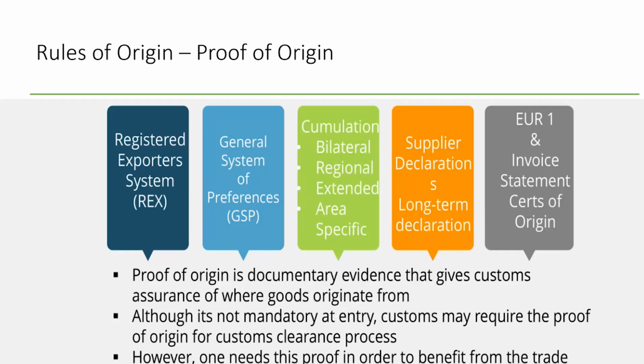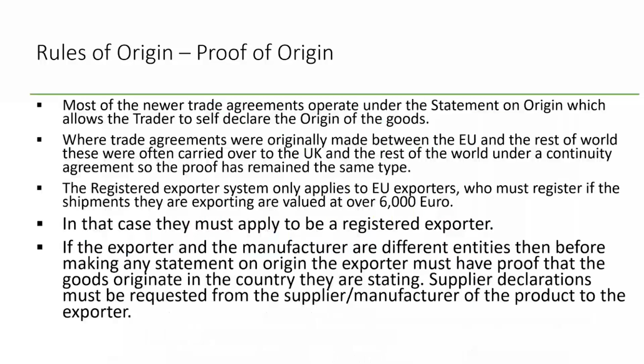If you're an exporter and you source everything from a different country, so you don't know what the components are or if the goods meet the rules of origin, then you would request a supplier declaration from the actual manufacturer of the goods, and they would fill out a statement saying that these goods meet the rules of origin. Then, based on that supplier declaration, you as the exporter could put the statement of origin on your commercial invoice.